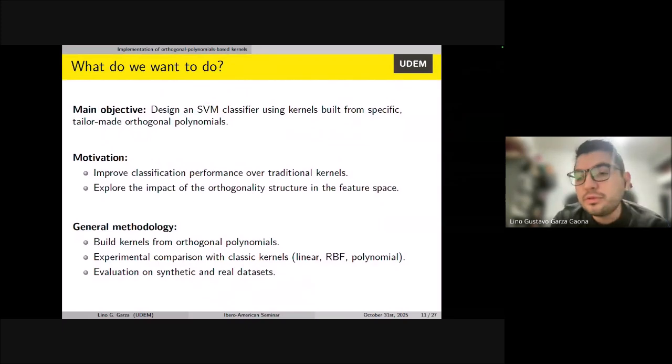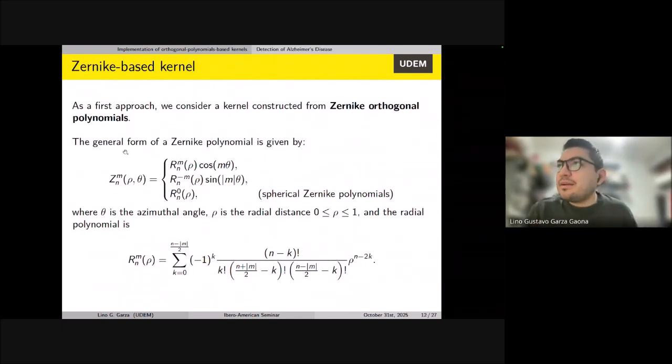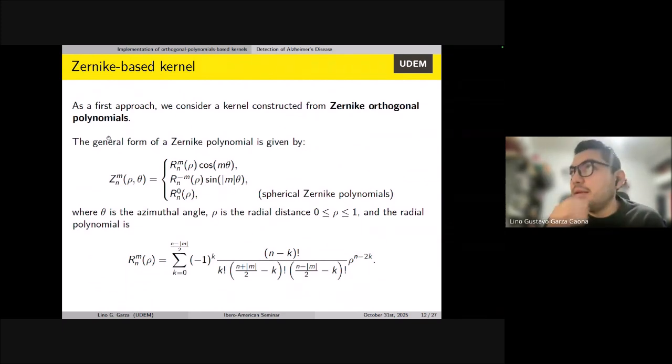We're going to use this to classify some set of data, and we want to know how the structure of the data fits the orthogonality, something like that. And for this, we have made some approaches. The first one, we construct a Zernike kernel, a kernel based on Zernike polynomials.